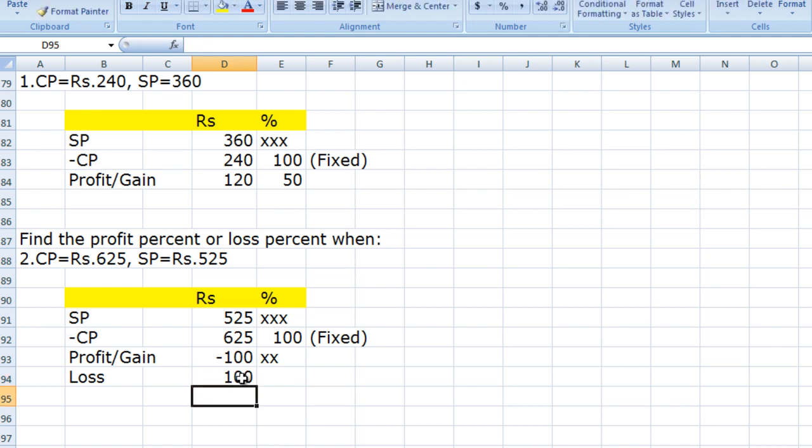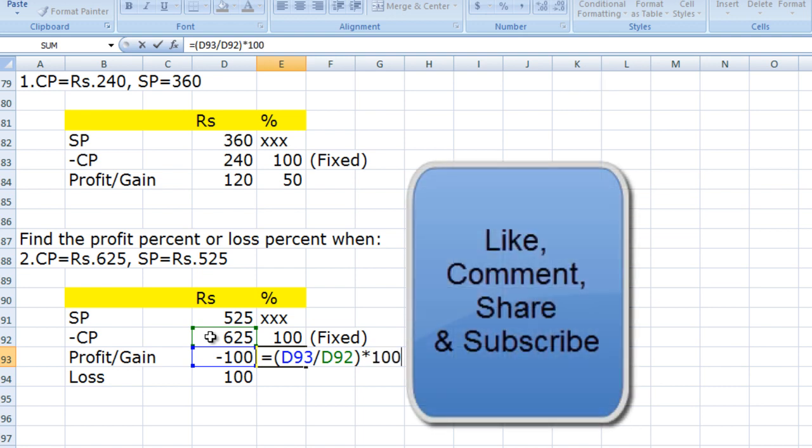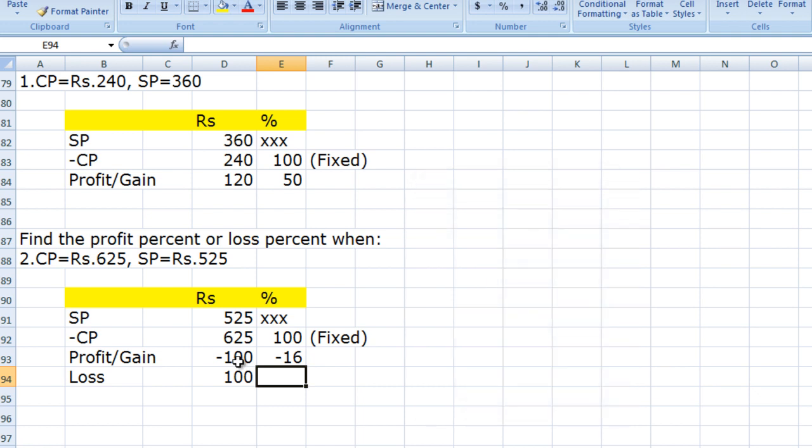Here we can also calculate the profit or loss percentage using this formula. Therefore minus 16%. Minus 16% profit can also be taken as a loss of 16%.